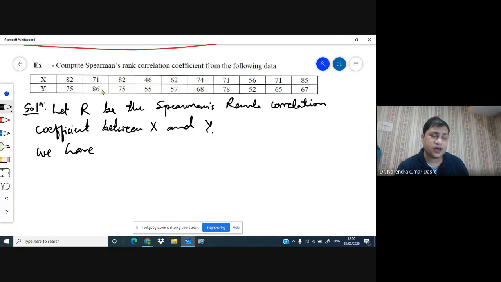Okay, whether you have repeated entries or non-repeated entries. If we have non-repeated entries, then it is easy. If we have repeated entries, then we have to add the term for repeated ranks.